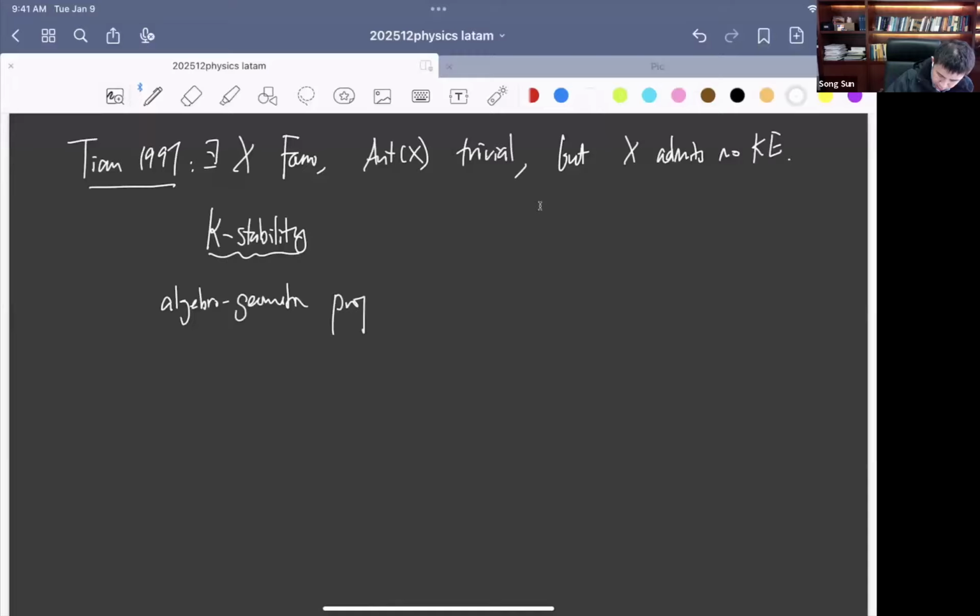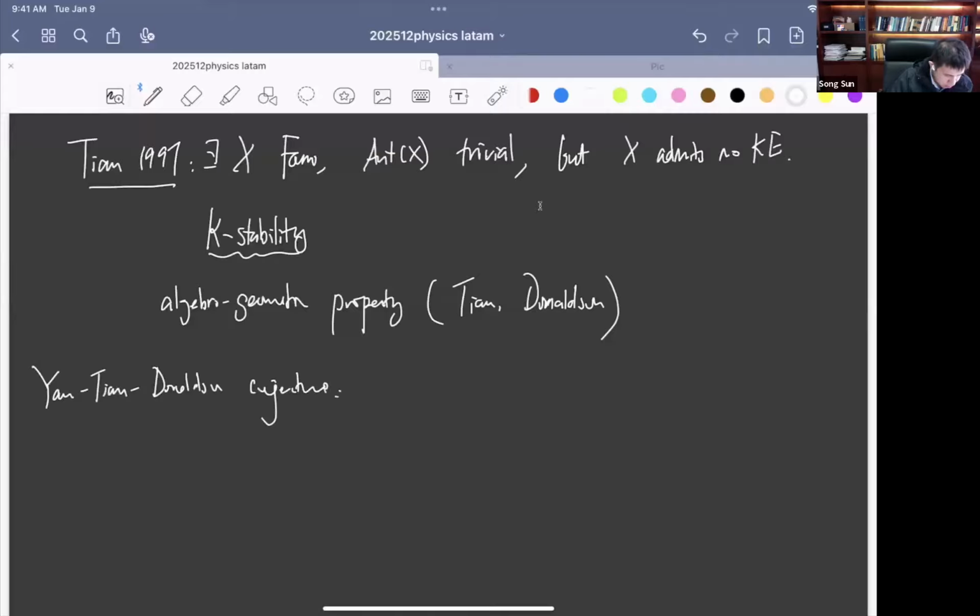It's the Tian-Donaldson property of K-stability; Donaldson uses equivariant Riemann-Roch to give a definition of K-stability. Anyway, this is what's called the Yau-Tian-Donaldson conjecture: X Fano admits a KE metric if and only if X is K-stable.